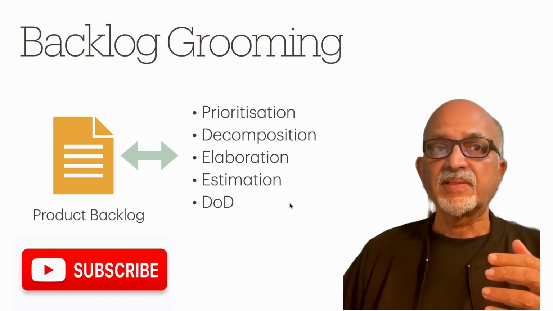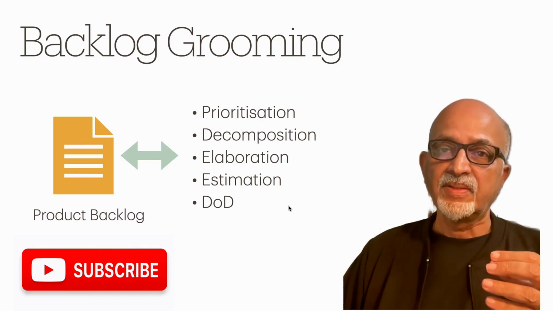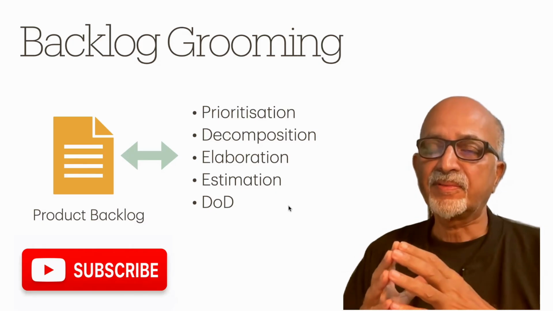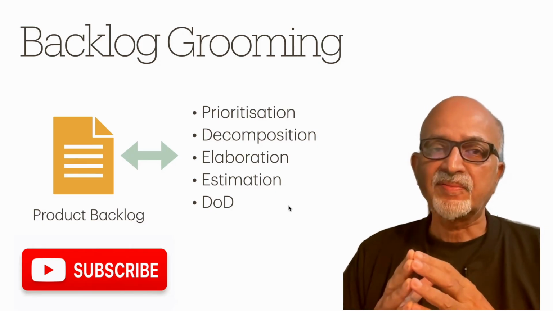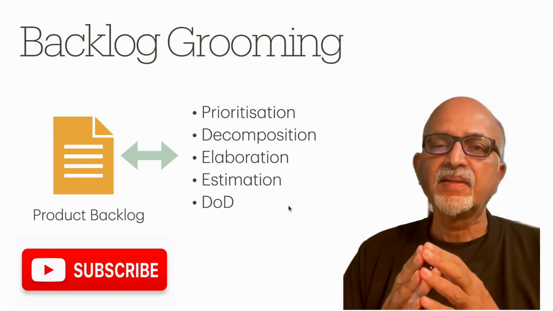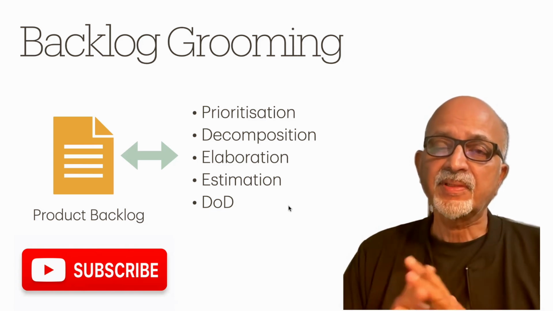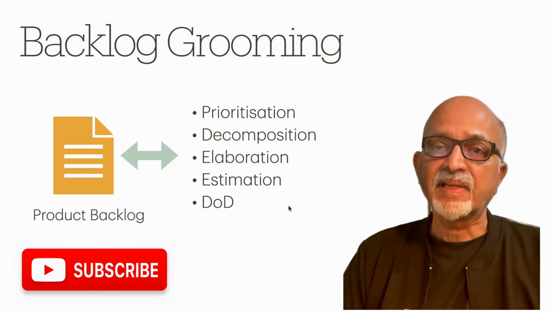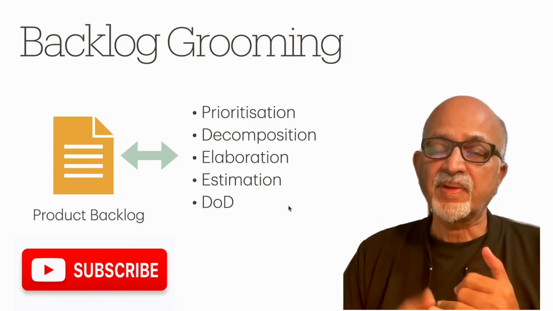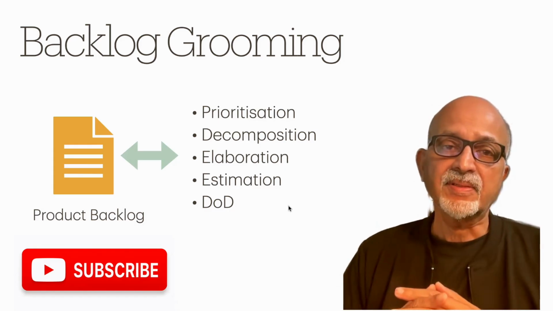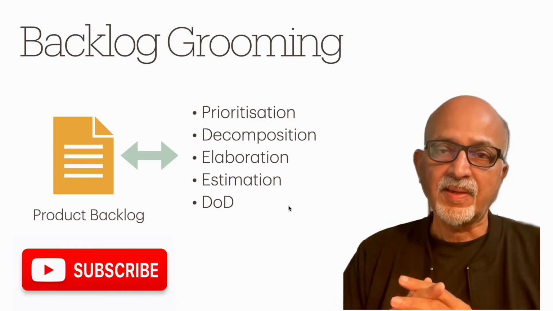Collectively, we call it backlog grooming. So it is a good investment. It is a proactive thing. It is a price of conformance. So if you spend 1 hour in product backlog grooming, I'm sure that you will be able to save 10 hours during the sprint planning meeting and the sprinting put together. So it is a 10x benefit.